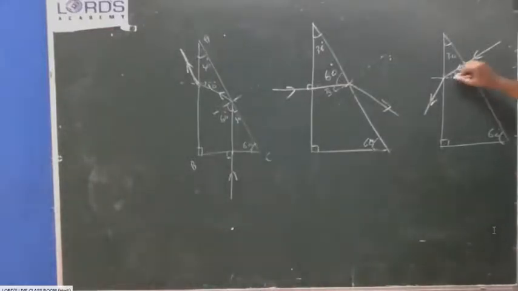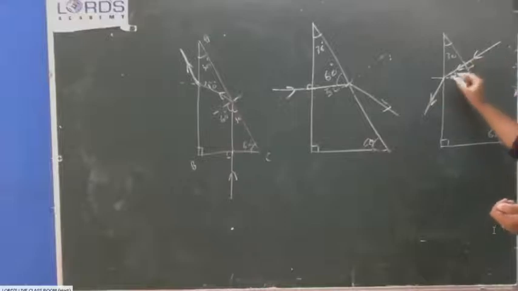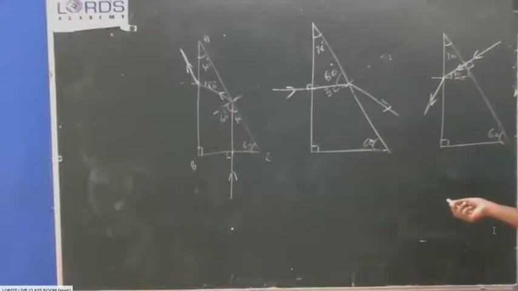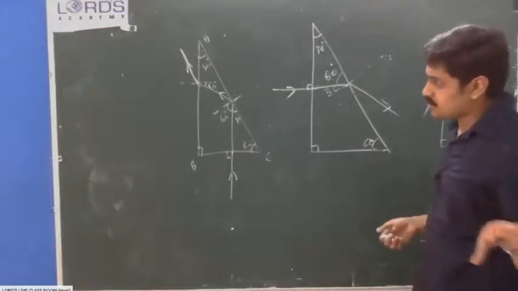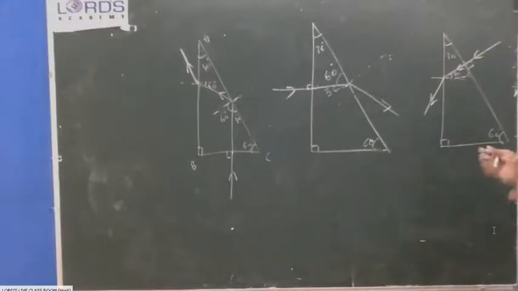Here we consider two triangles. If this angle is 60, this angle also 60. This angle is 90. So what is the remaining angle? 30. Like that we calculate each case, with different methods. There are no general methods available. I am not suggesting to study the method to calculate.